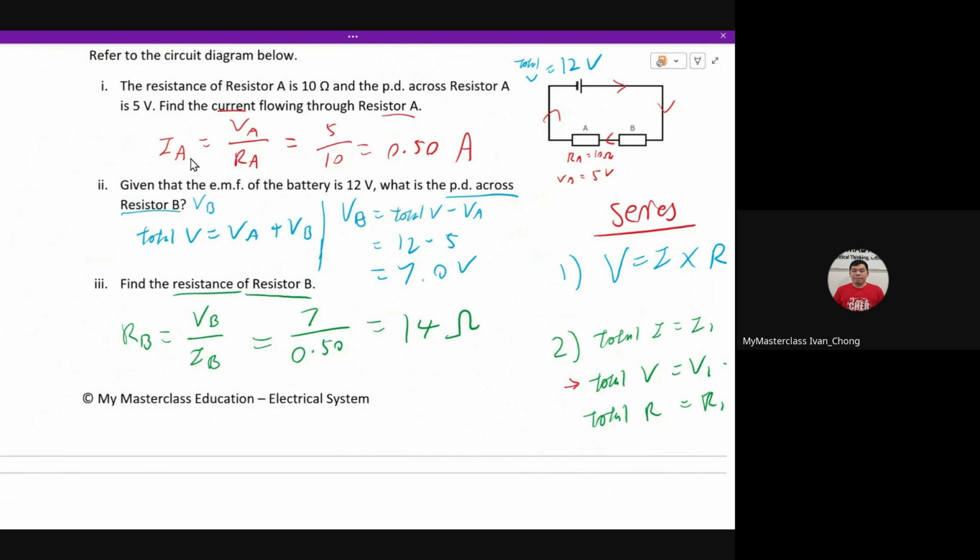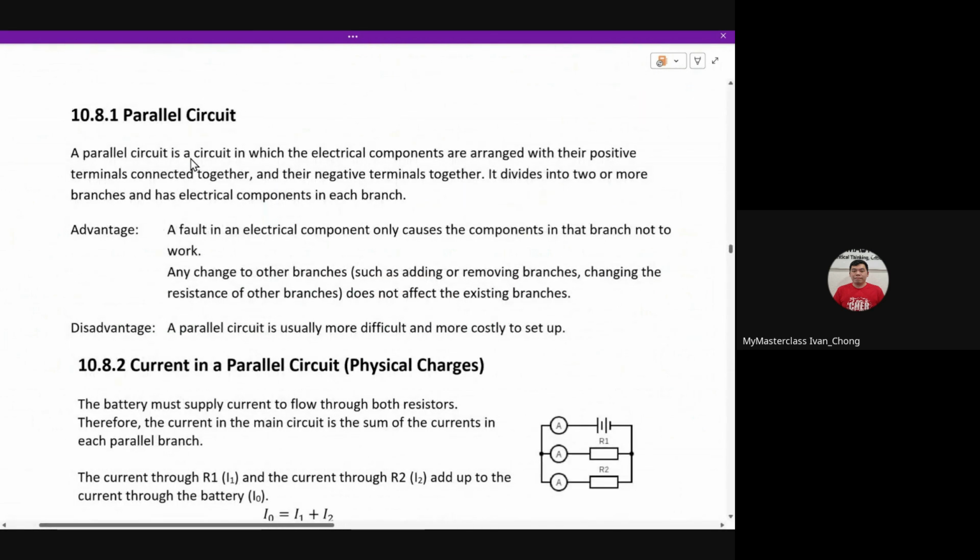All right, so next page, we talk about your parallel circuits. Same thing, your components are arranged in two or more branches, so in two or more loops. What's the advantage of parallel?